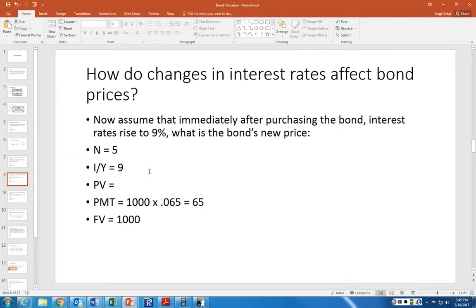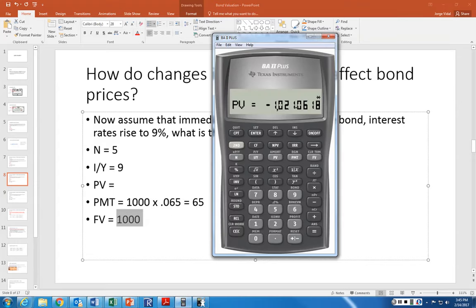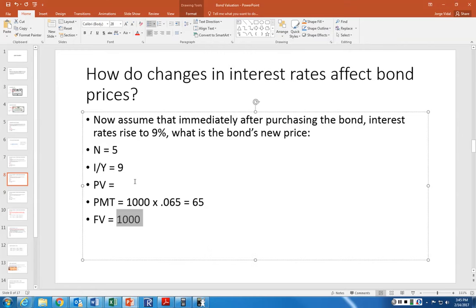Now, let's go the other way. The rates go up from 8% to 9% immediately after. So N equals 5, IY 9, payment 65, future value 1000. So let's make 9 IY, compute present value, price 902.